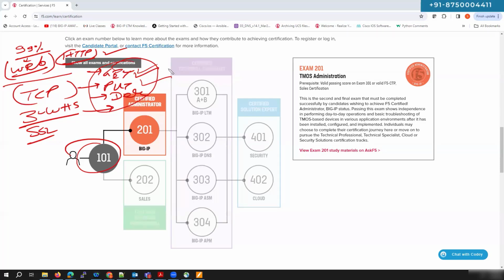I'm sorry, say it again. I said, is it exactly HTTP data, or is it equivalent to data? You can call it normal data, you can call it payload, you can call it HTTP data. It's the same thing. Because at the end of the day, at the application layer you are using HTTP, so you call it HTTP data.